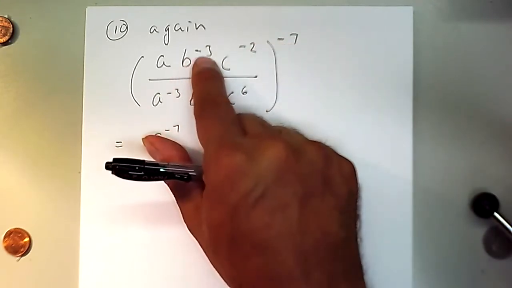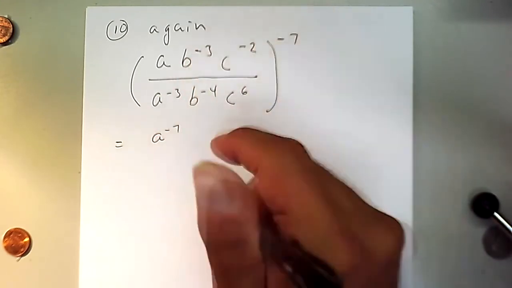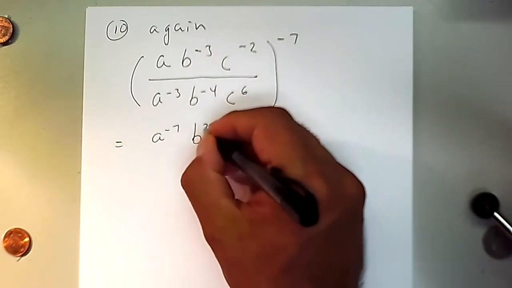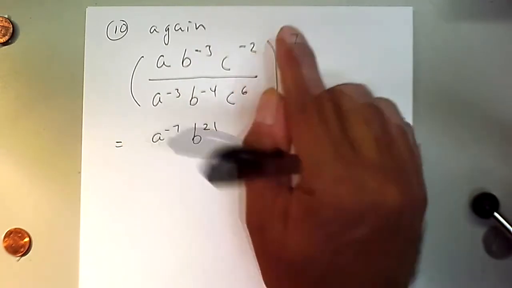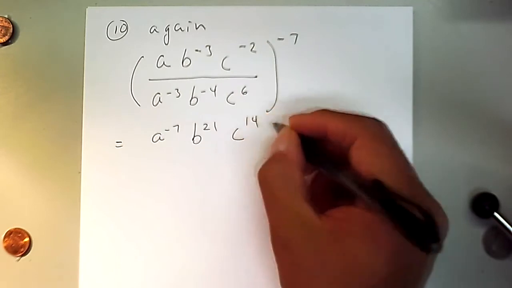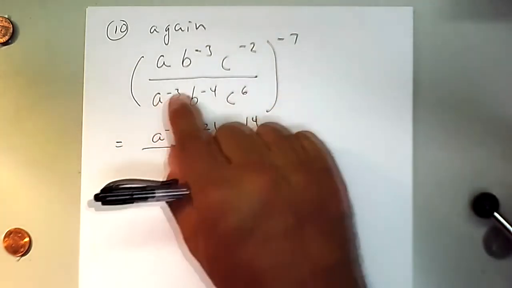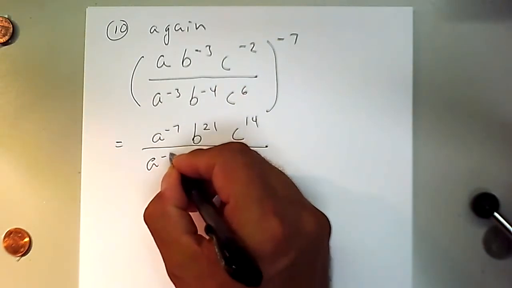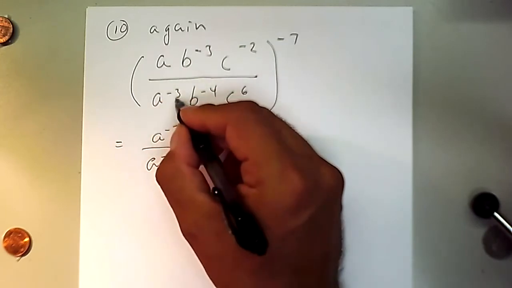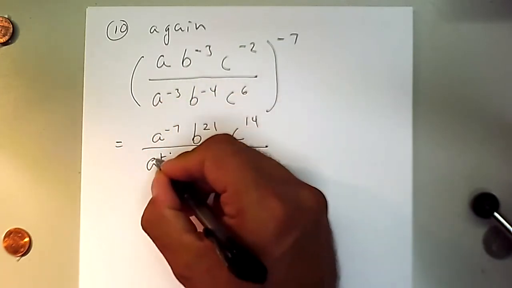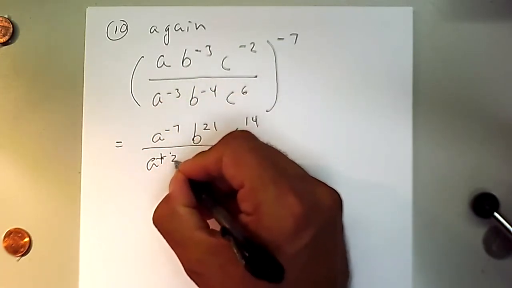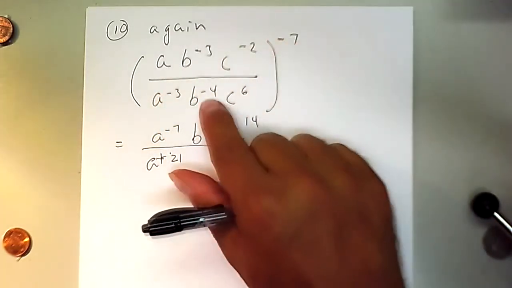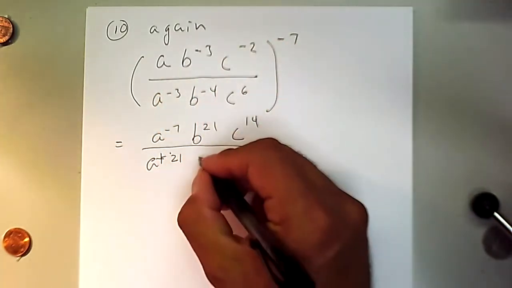So we have b to the positive 21, and then c to the positive 14, over, multiply again the exponents, a to the negative, actually, that would be positive 21, because negative and negative makes a positive. 2 negatives again make a positive in this case.